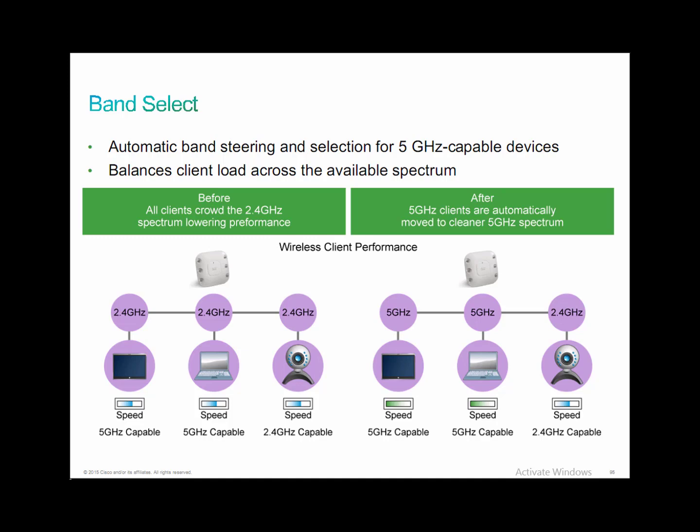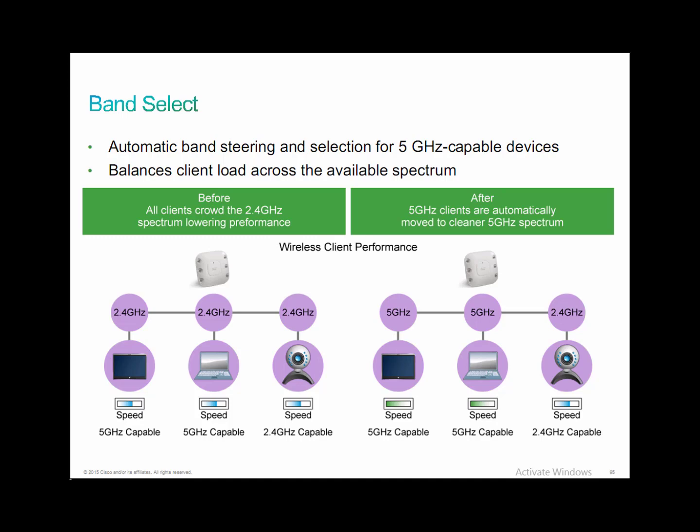So how does this band select feature work in a dual band capable access point? When a client is attempting to associate to an AP, the client sends out the probe request, and it sends it on all channels looking for a response so it can proceed with the association process and then the authentication process and so on. In this particular case, let's just say the client is a dual band client. So it's actually sending out probes on both frequency bands.